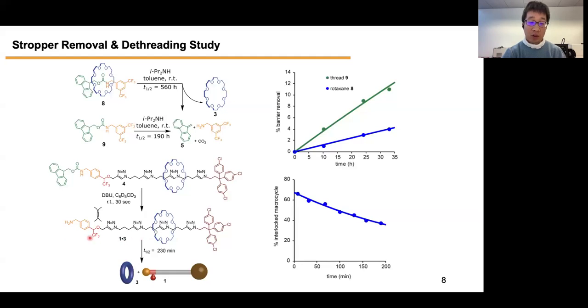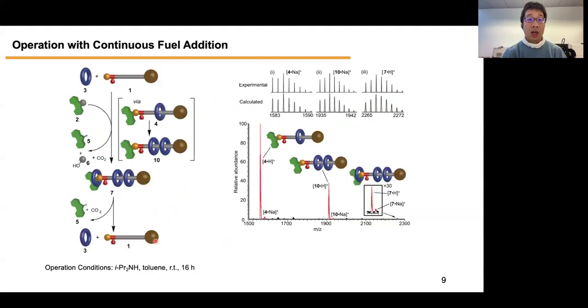So it means after this species is formed, the faster process is the onset of the second cycle rather than the threading of this macrocycle. So it also favors the pumping for the next macrocycle.